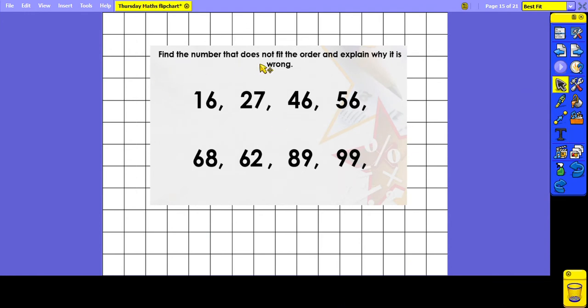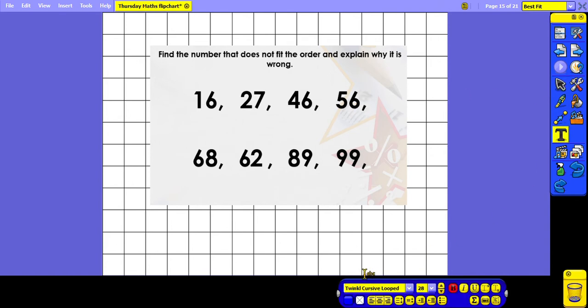Find the number that does not fit in the order and explain why it is wrong. So let's have a look at the order of numbers. So it goes 16, 27, 46, 56, 68, 62, 89 and 98. So we can see that the numbers are increasing. They are getting greater each time.